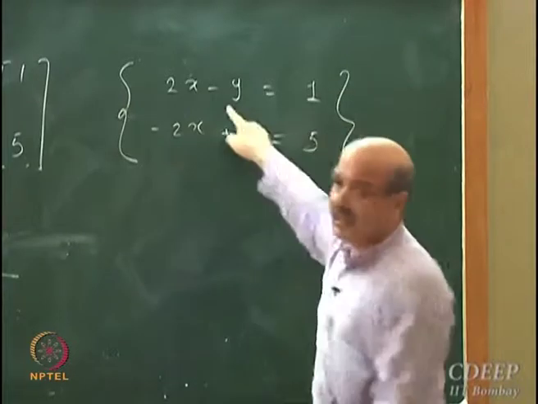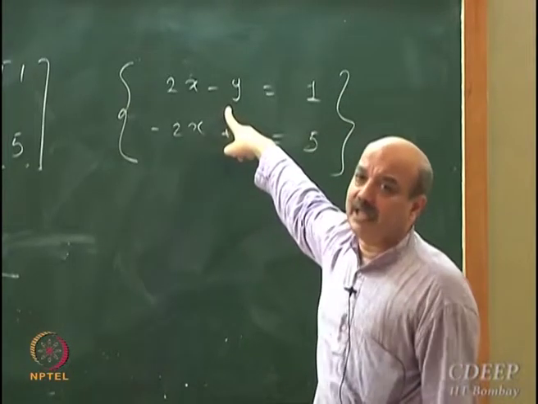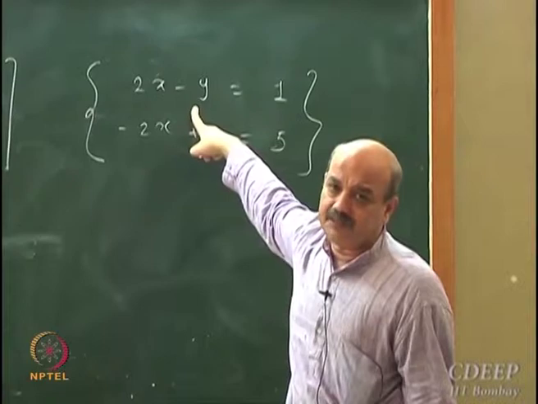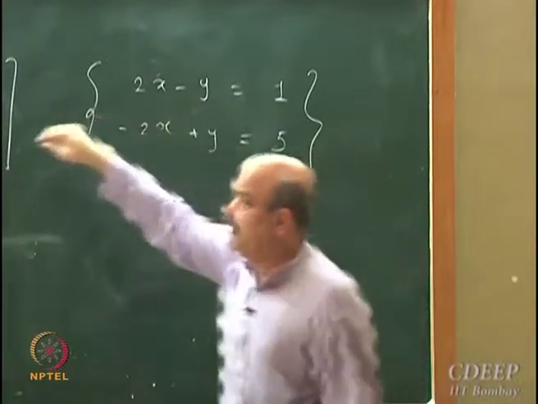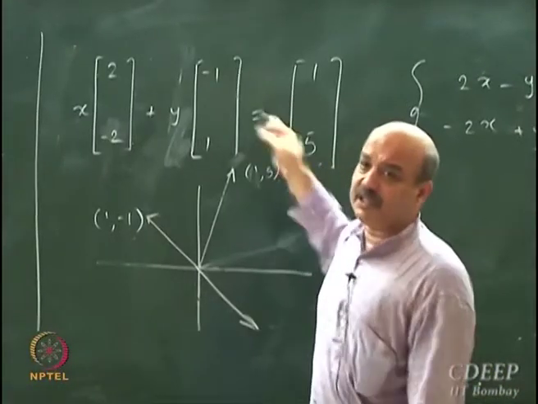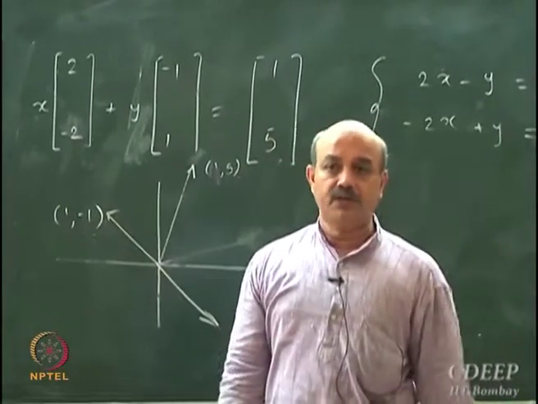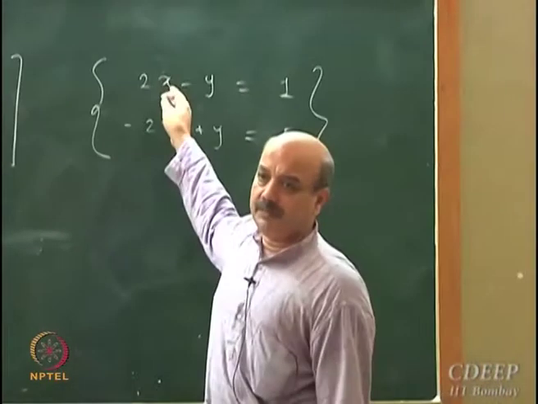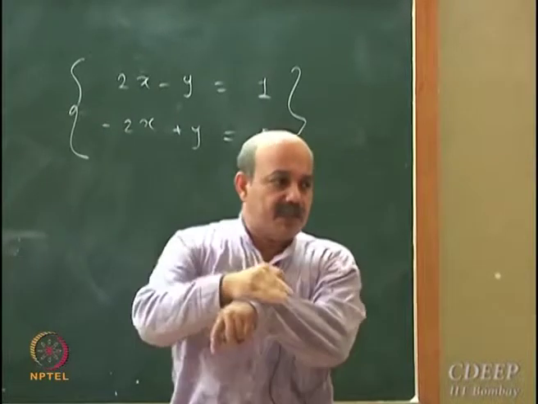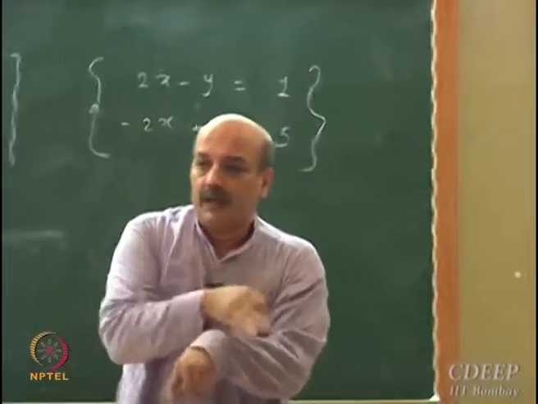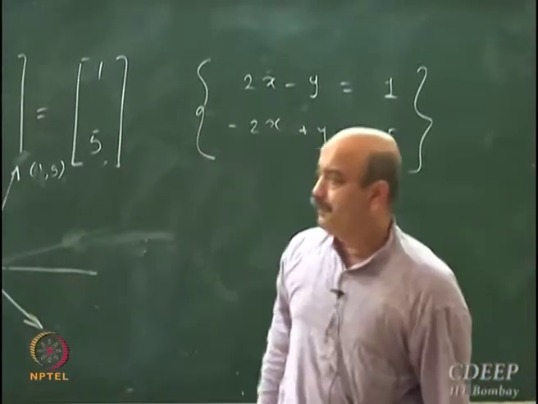So this will be the row picture and you will get two lines which never intersect, okay. So when the column picture shows that there is a problem, the row picture also will give you a problem, there is no solution. No hyperplanes meet, or no planes or no lines meet, okay.